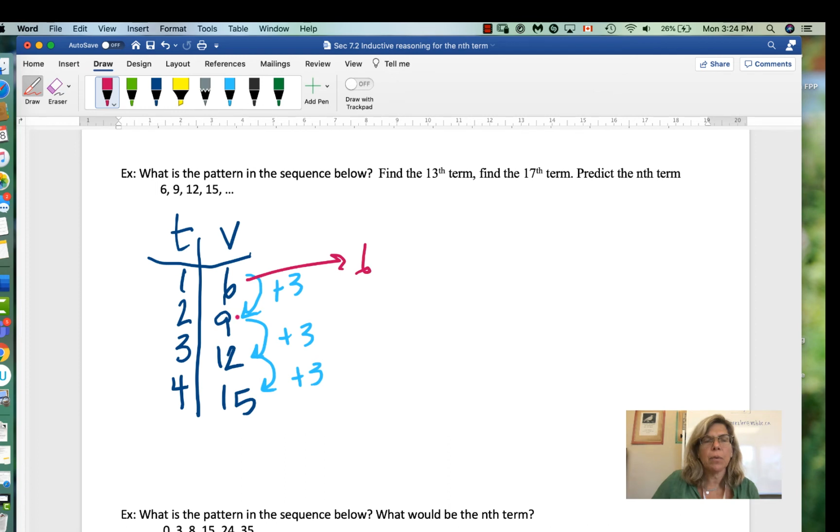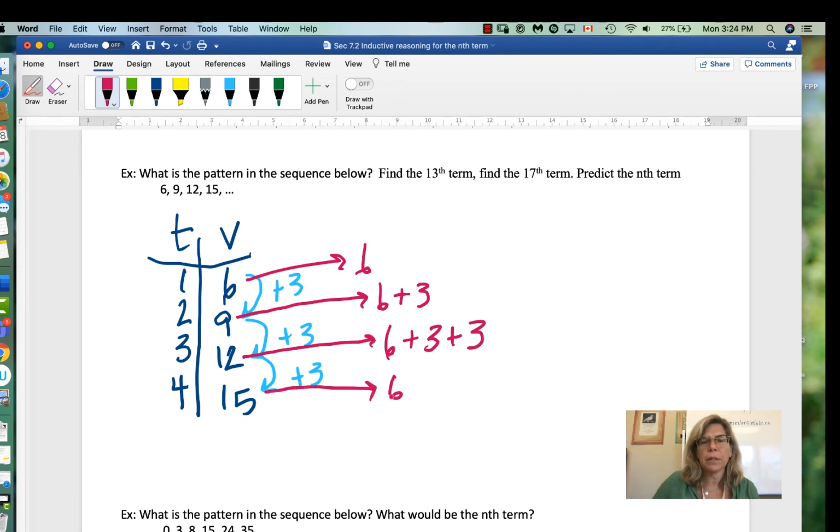And the second one is 9, which is 6 plus 3. And the next one is 12, which is 6 plus 3 plus 3. And the next one is 15, which is 6 plus 3 plus 3 plus 3.